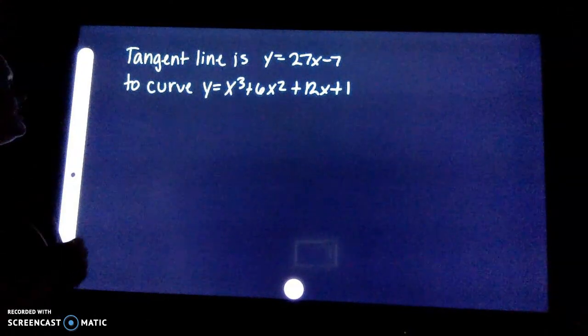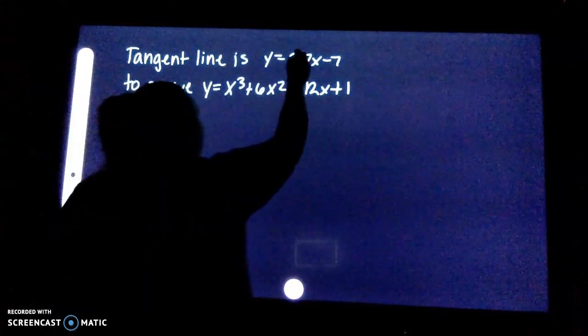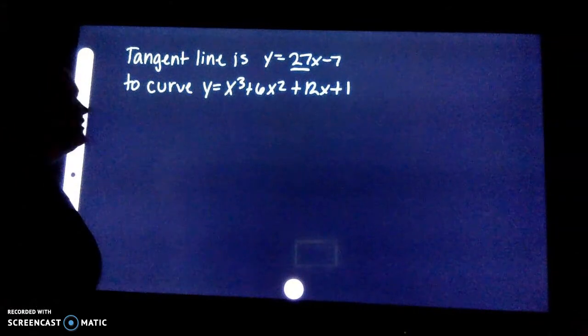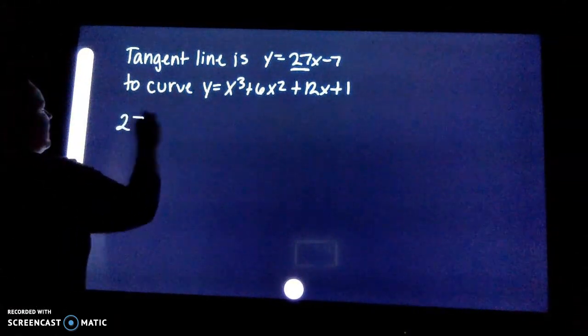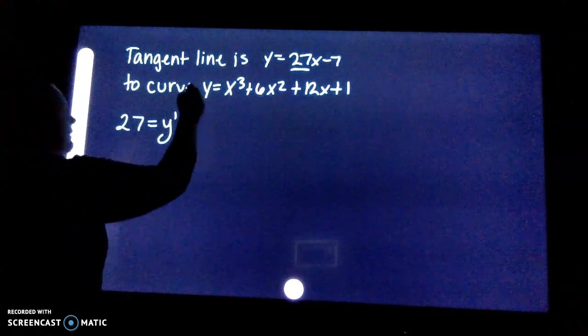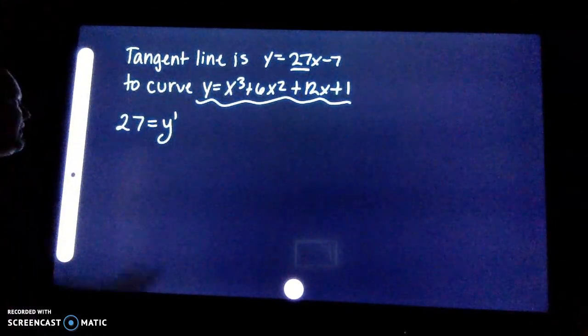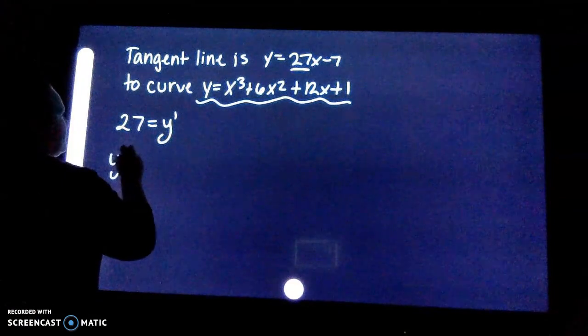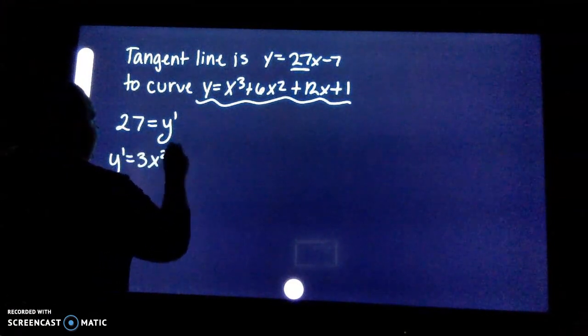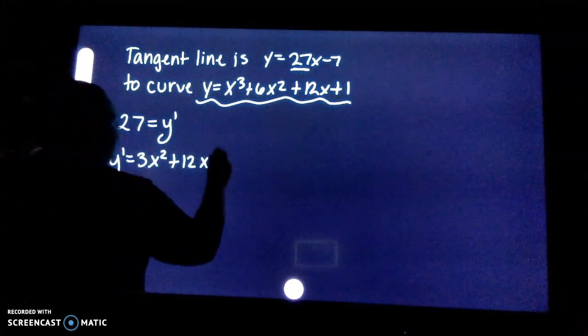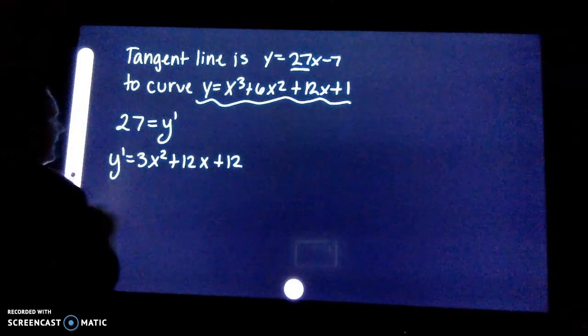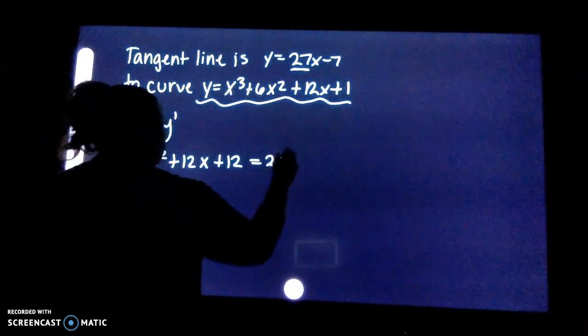Okay, so the first thing I need to do is pull out the slope from my tangent line, because that's going to be equal to the derivative of my original graph. So then I need to calculate that derivative. When I do, I get 3x squared plus 12x plus 12, and that's going to be equal to 27.